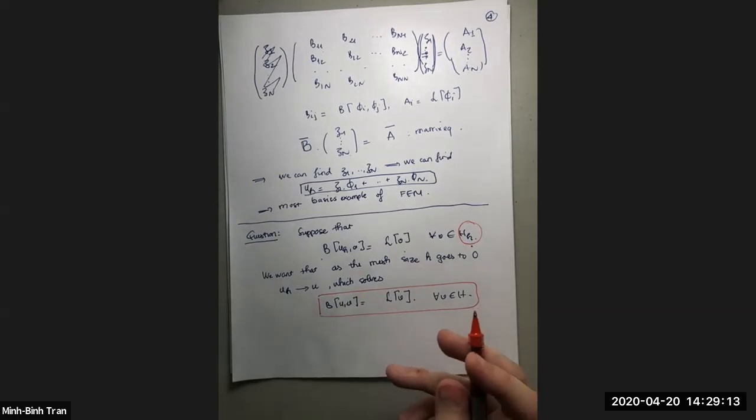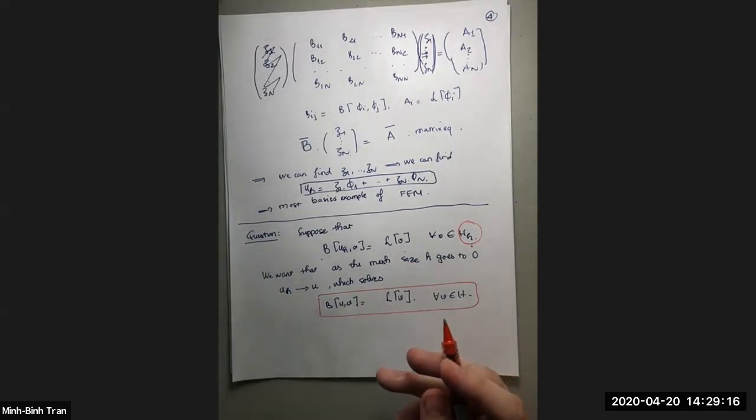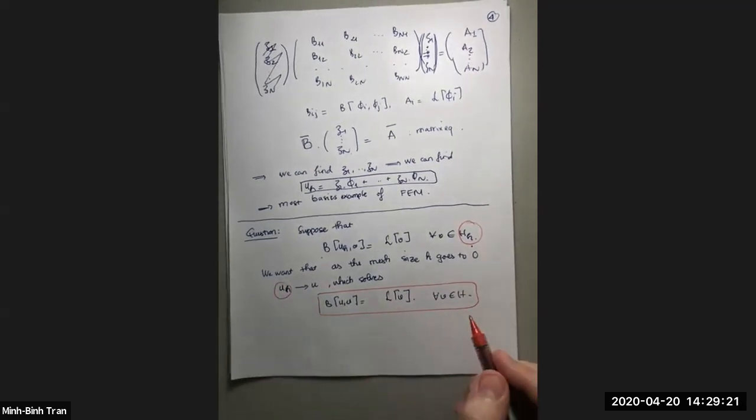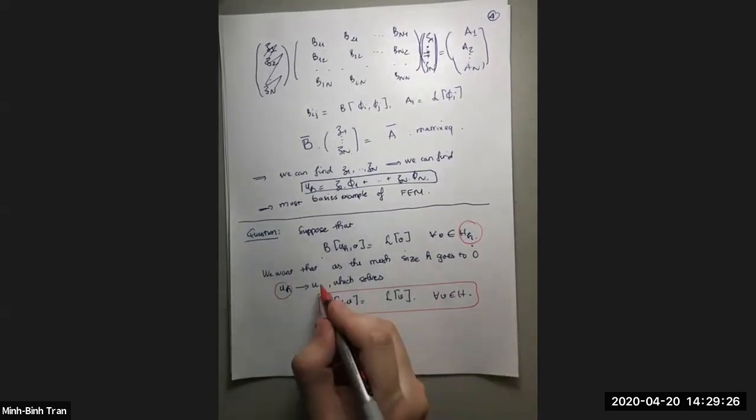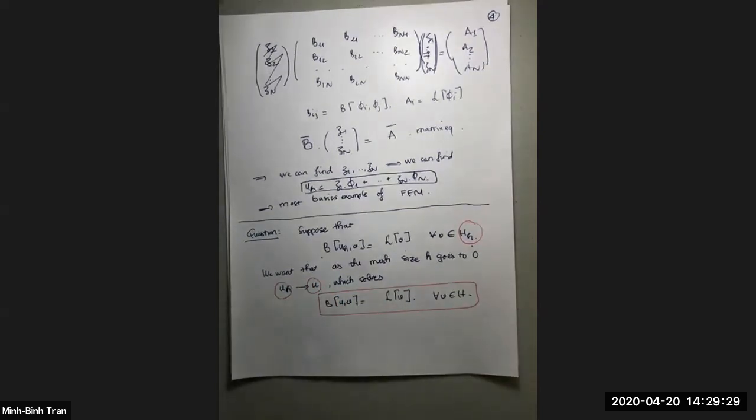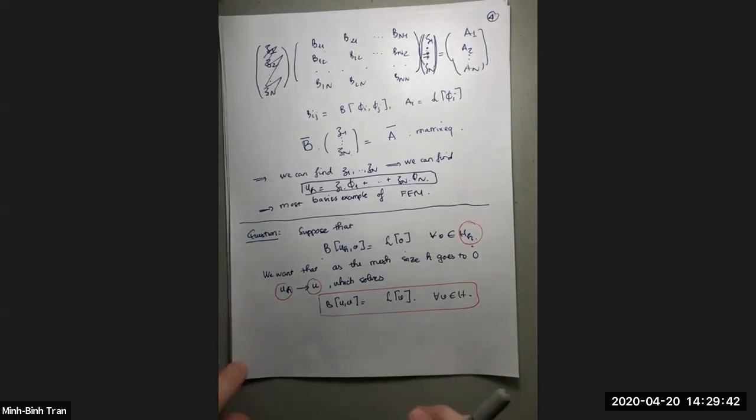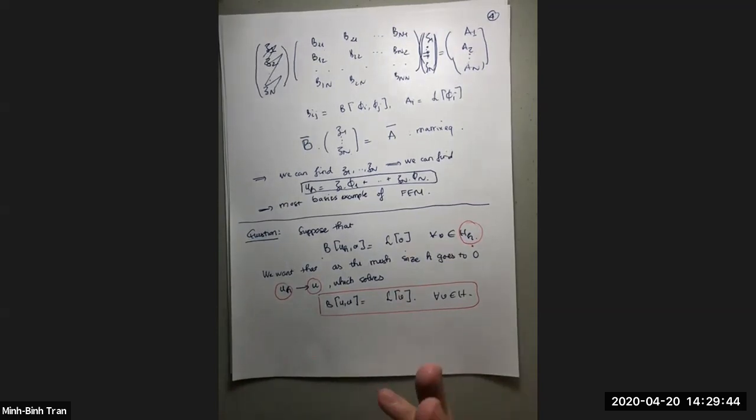If you are able to send the mesh size to 0, and when the mesh size goes to 0, the solution that you find in the finite dimensional setting converges to the solution of the elliptic equation, then this is the good thing to do, right? Otherwise, it doesn't make any sense. Any questions? It's clear, right? So this is why we want to understand the theoretical reason behind all of the algorithm that you use, right?